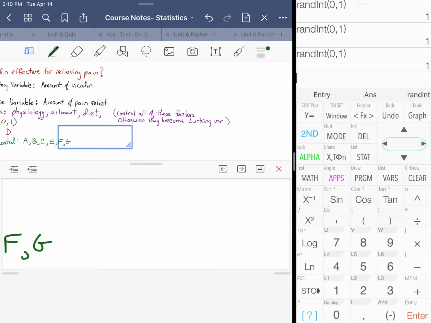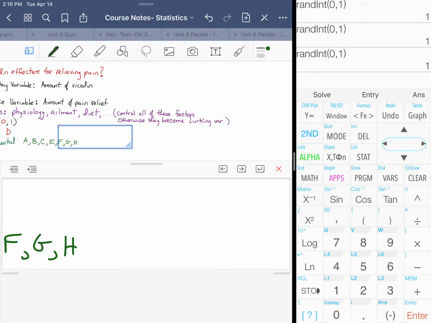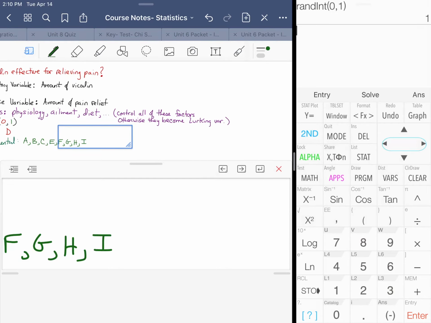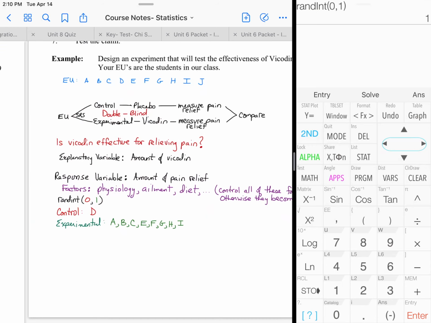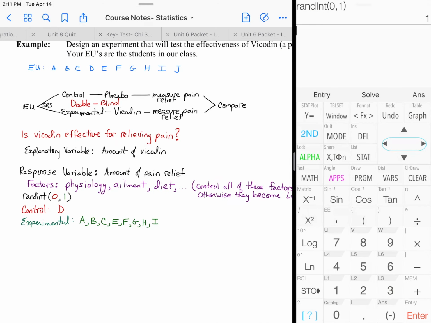G, H, I. Okay. So everybody but D is going in the experimental group.